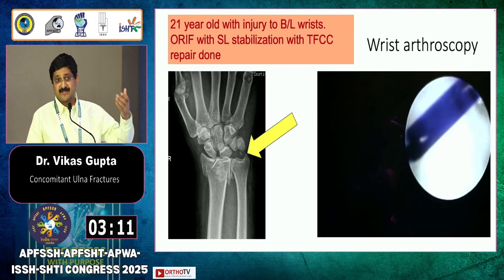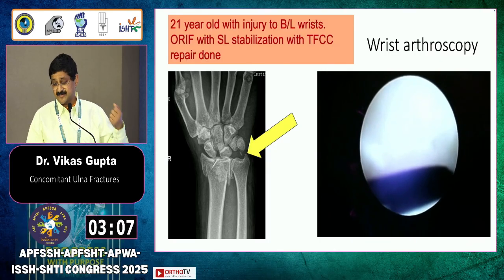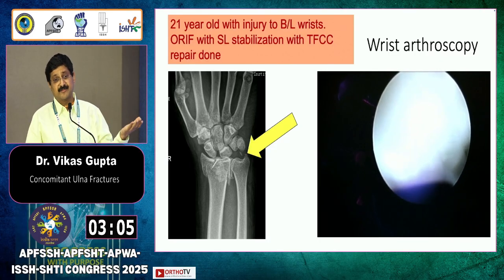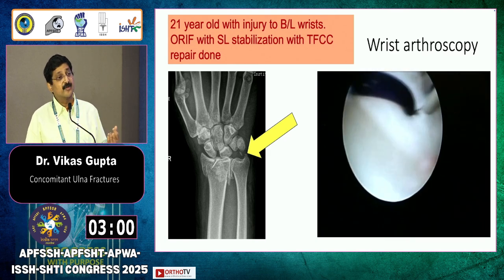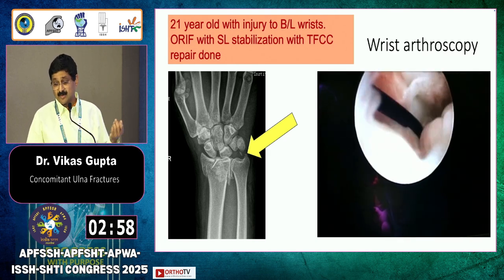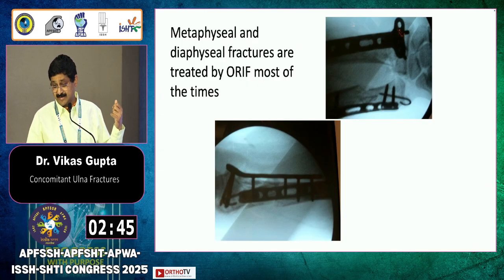So as our knowledge about ligaments and TFCCs increased, it was not the fracture; it was a soft tissue or ligamentous injury which was causing the pain or instability at the DRUJ. Another case like this, where the scapholunate ligament was injured, was arthroscopically assisted and stabilized with the help of a K-wire.